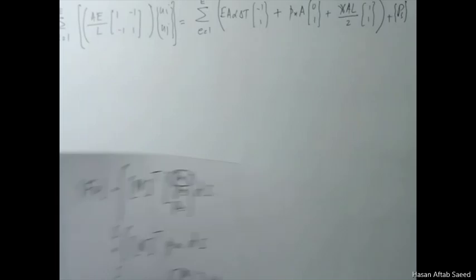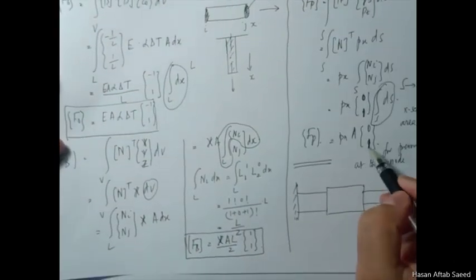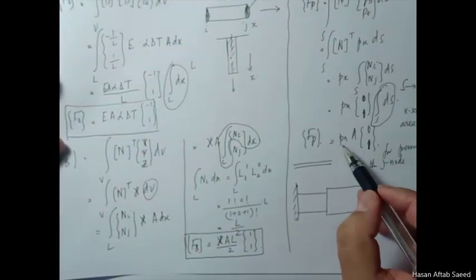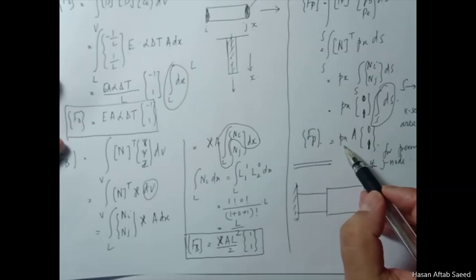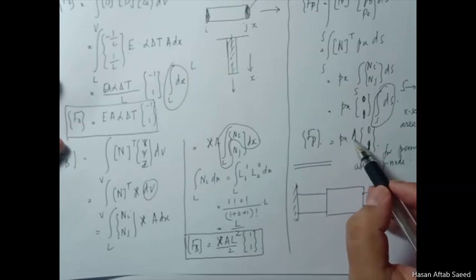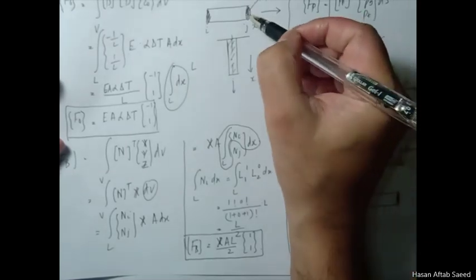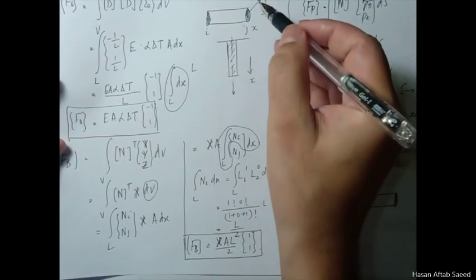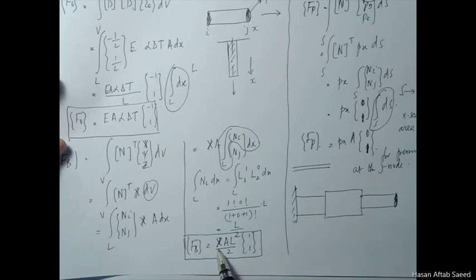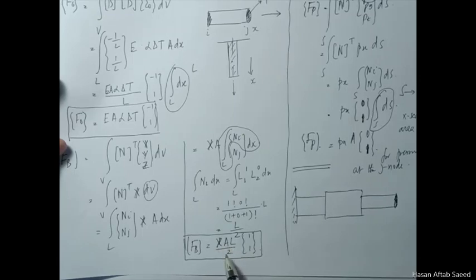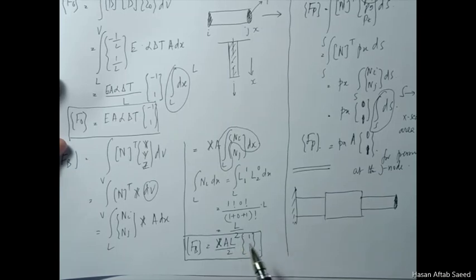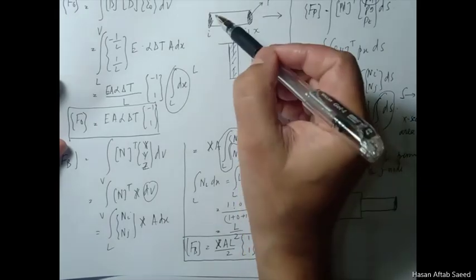If you consider this expression again, this makes a lot of sense. This px will be in Newton per square millimeter, this area will be in square millimeter, so if you multiply them you'll get newtons, and then you apply all of it to the J node because it is acting on the J node. Here for B matrix, x will be in Newton per cubic millimeter, and this is volume in cubic millimeter, so you again get newtons, and you divide the force by 2 and apply half to this and half to this.